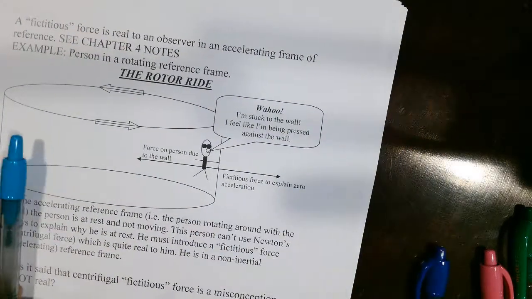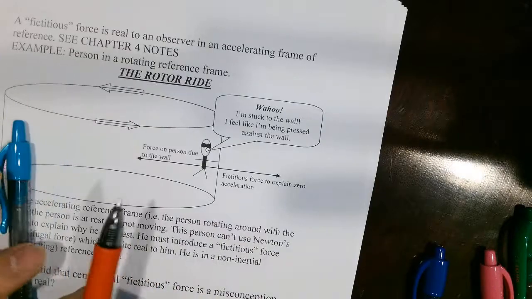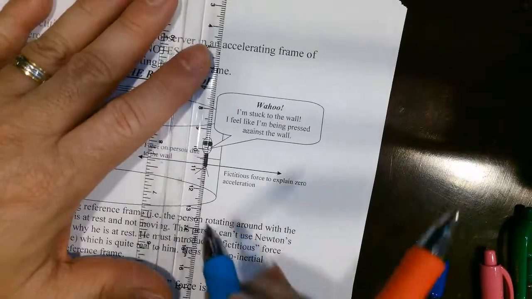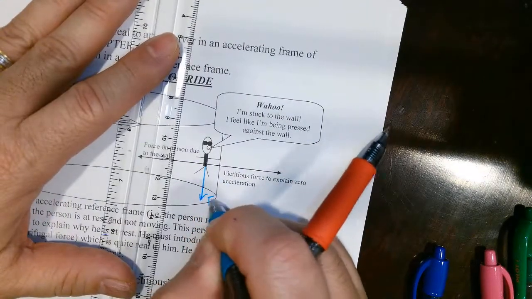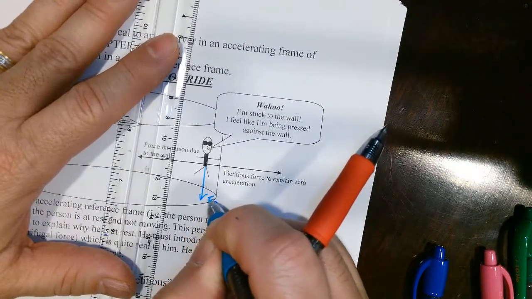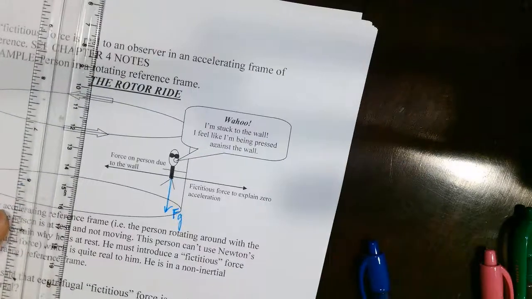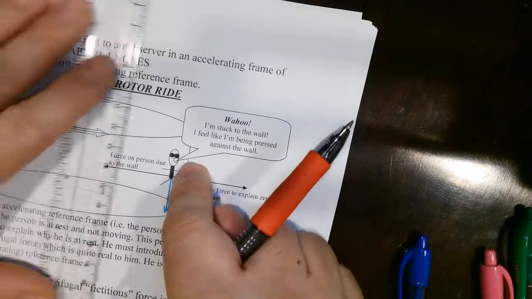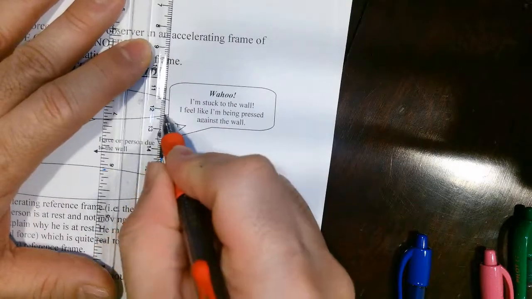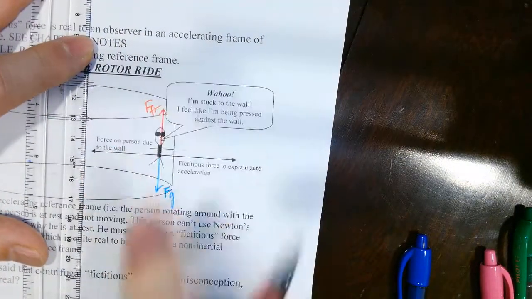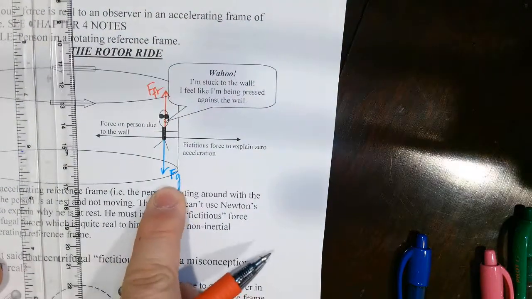Because the obvious force is going to be Fg, the weight. And the weight's going to pull you towards hell. But what's keeping you, or I'm sorry, not you, the rider, from going to hell is the friction that's countering the weight of the rider.